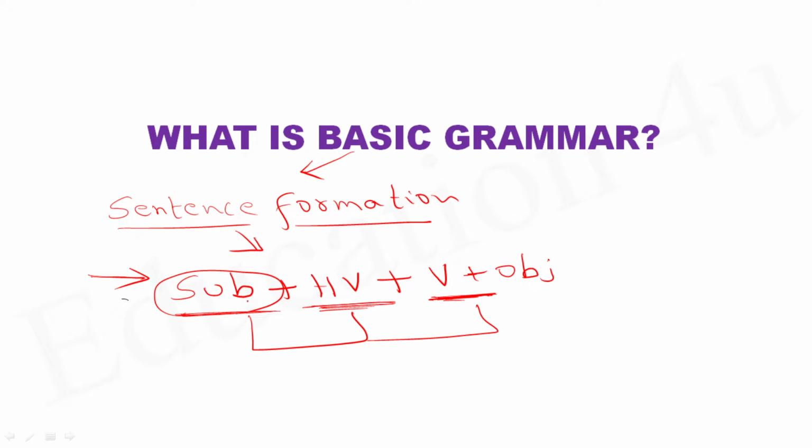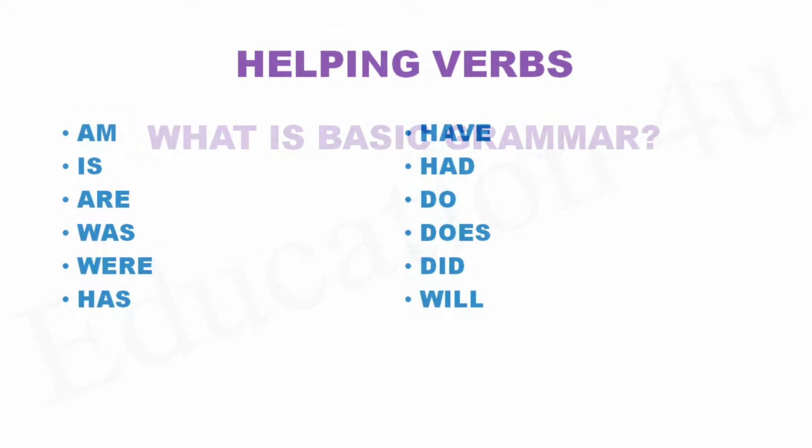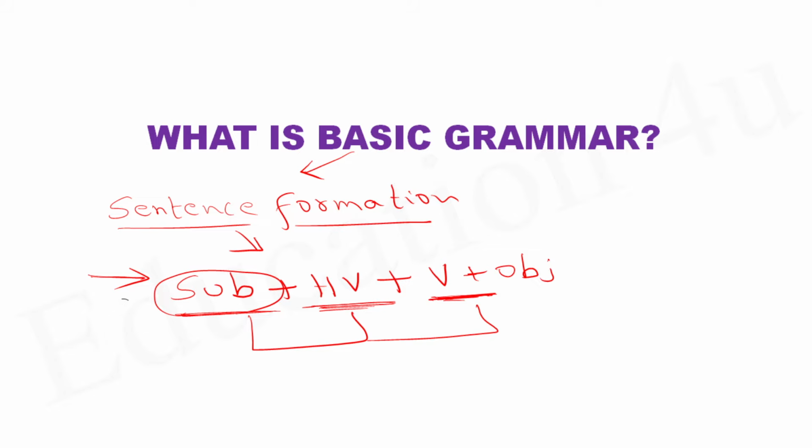But now, what exactly subject is? In a very simple sense, subject is all about a noun or a pronoun, correct? Subject can be, I'm writing here, subject can be a noun or a pronoun.